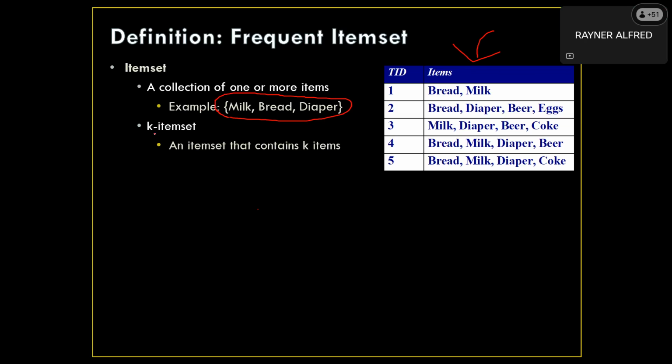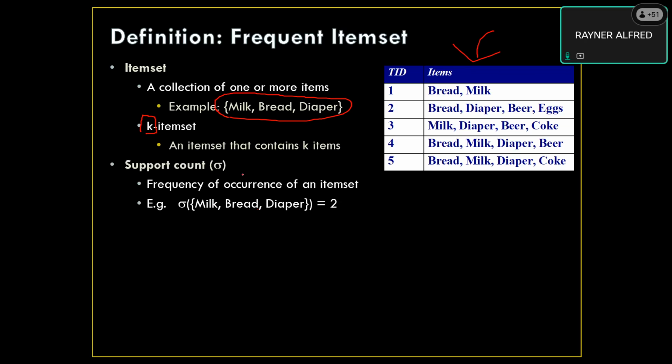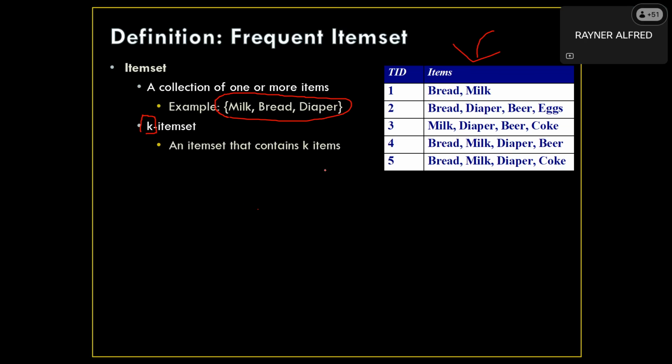We can also have a K item set, where K refers to the number of items that we have in our study. For example, a 2 item set means we need to consider only 2 items in one set.